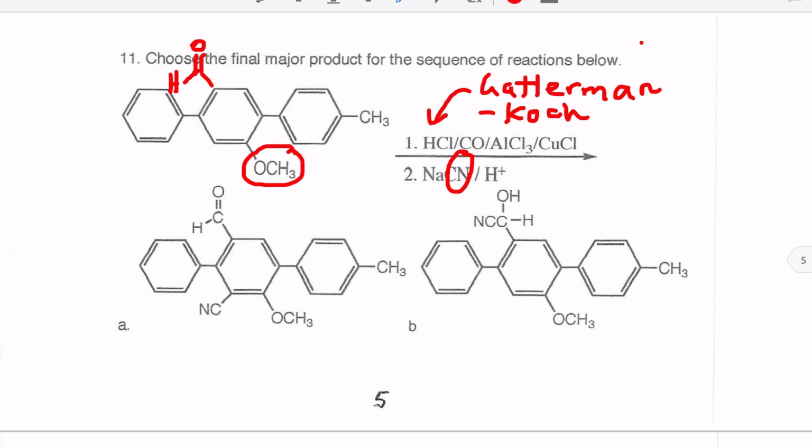Yeah, this cyanide component. So basically we are going to have to find a way to add this to the material.